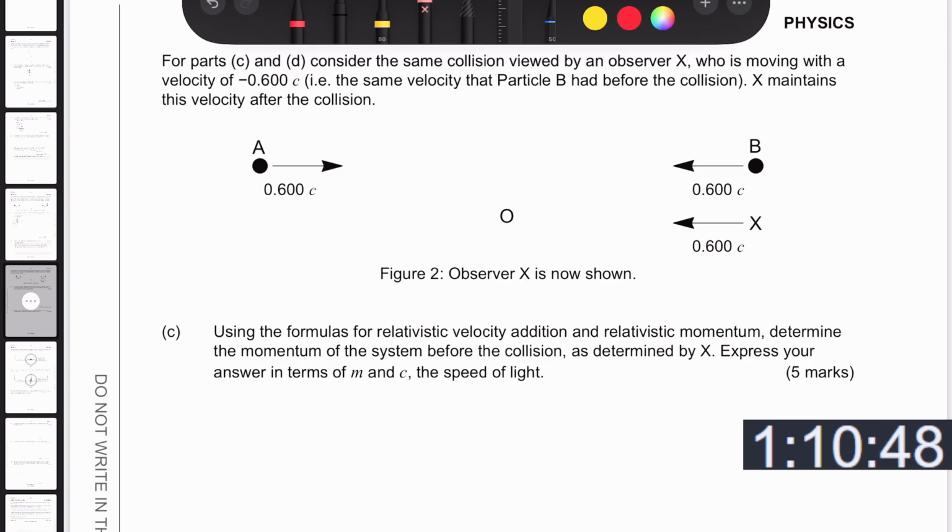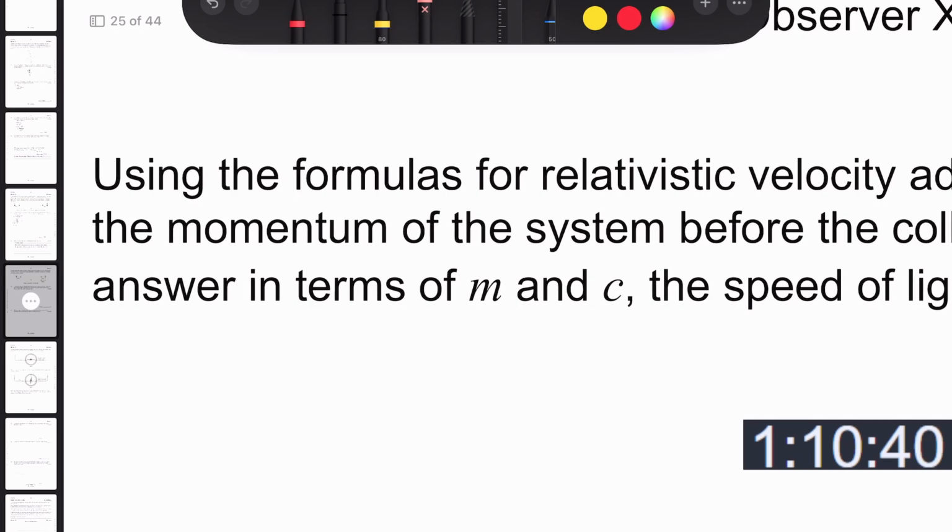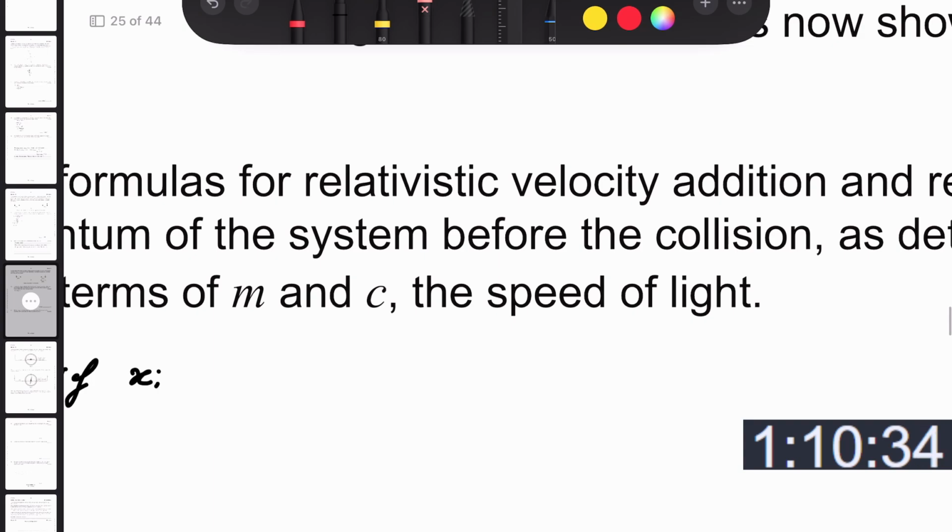In terms of x, we know that this is going to be velocity subtraction, u minus v over 1 minus uv over c squared.